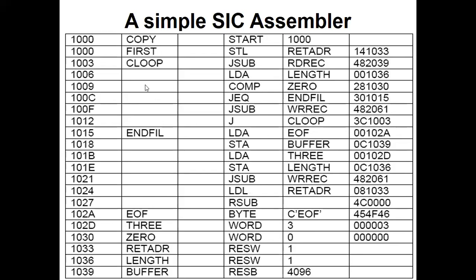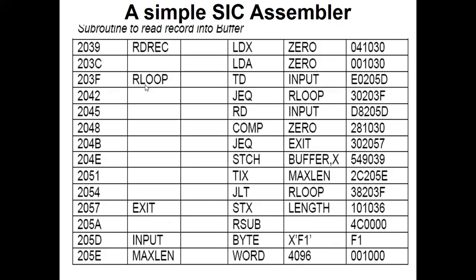Now RDREC is in the second program. If you can see this function RDREC, it is loaded from memory location 2039. So that is the address where you find RDREC.